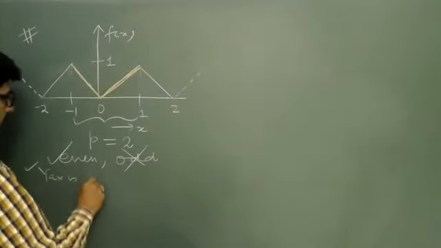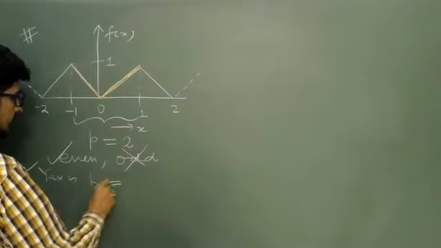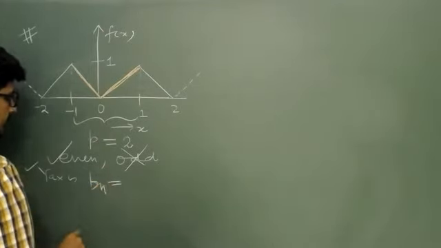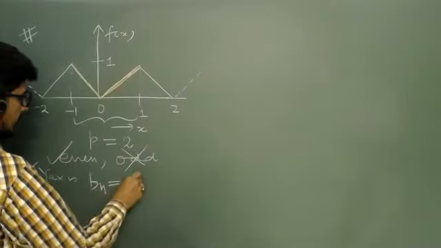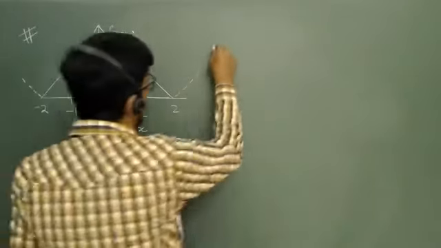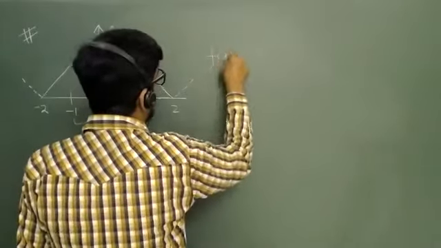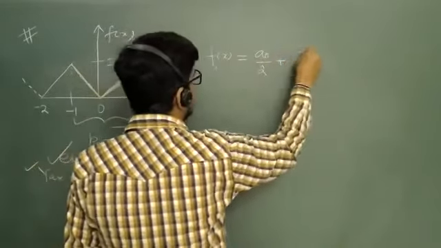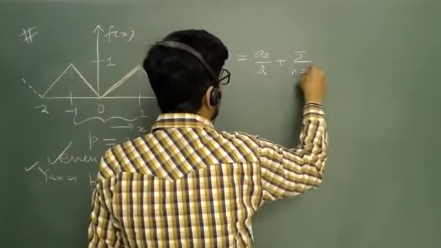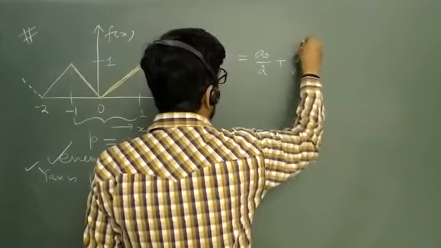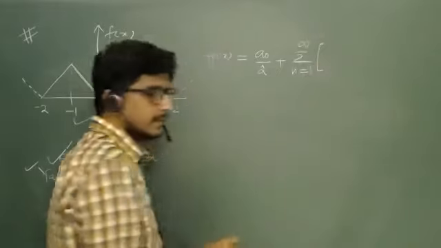So can I conclude something immediately? The value of Bn? What will be the value of Bn? 0. It will be 0. No need of sine terms here, right? And the formula for Fourier series, let me write it like this: a naught by 2 plus summation n is equal to 1 to infinity, right?